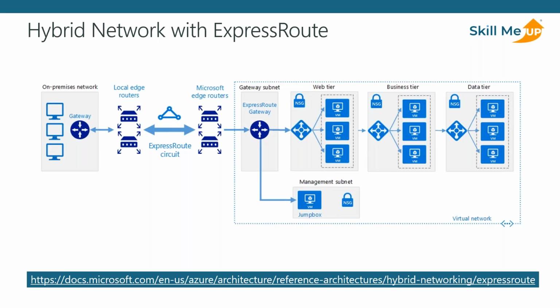We have here our gateways with an ExpressRoute circuit to local and edge routers. And then we have our ExpressRoute gateway instead of a VPN gateway. We have broken out again our web, business, and data tiers into separate VNets and separate network security groups, keeping everything protected.